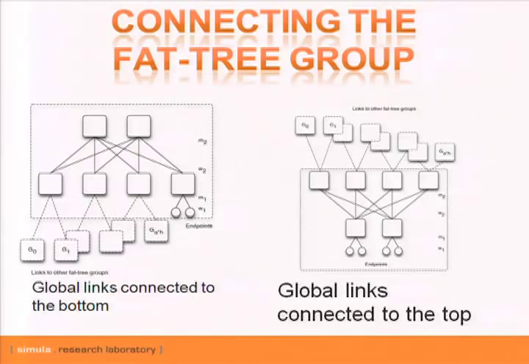And the other option is to connect the global links to the topmost level of the fat tree. But those two different options may give the resulting Dragonfly slightly different properties, as we can see a bit later.